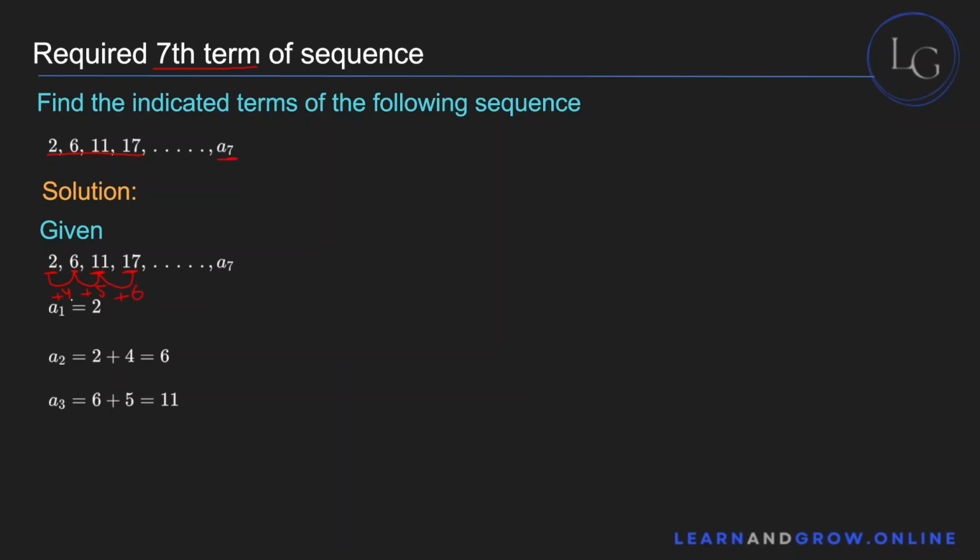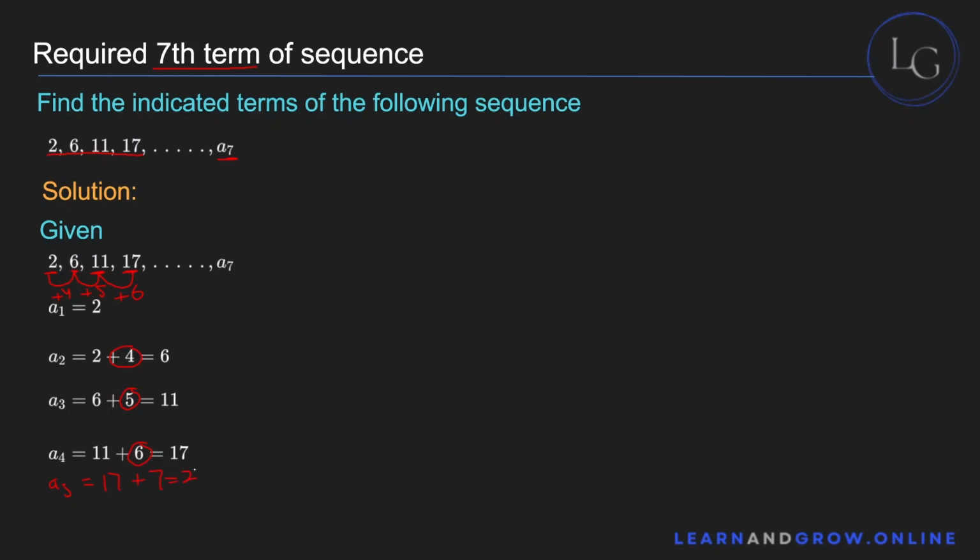And now you can see a pattern between these three, 4, 5, and 6. See this, A4 is 17, and that is 11 plus 6. So now you can see these numbers, 4, 5, 6. So obviously, A5 would be equal to 17 plus 7, since after 4, 5, 6 comes 7.